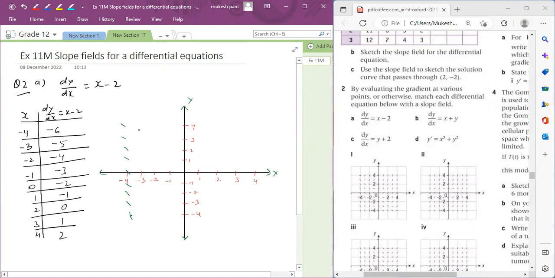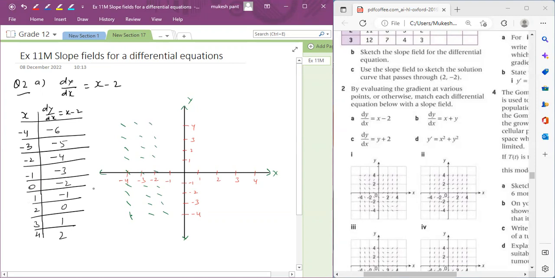Then when x is -3, look at this vertical line. Here the gradient will be -5, so negative slopes all along. Then x equals -2, the gradient will be -4, so again negative all along.